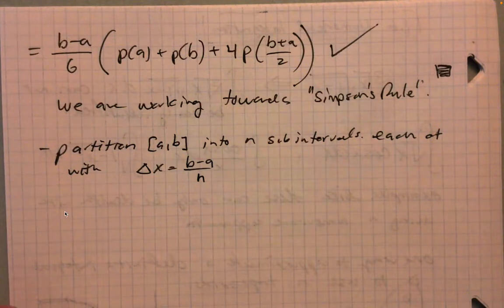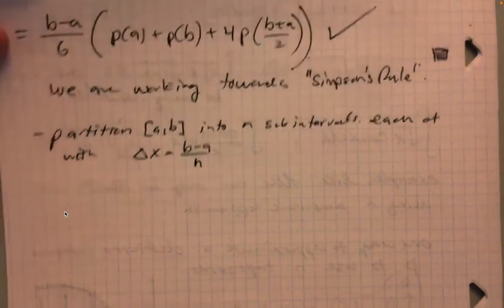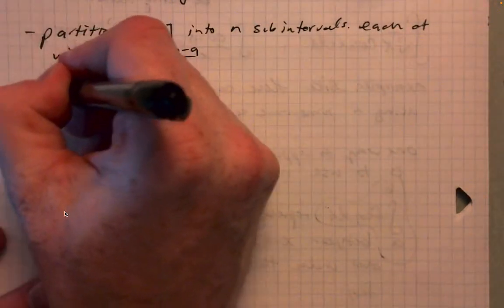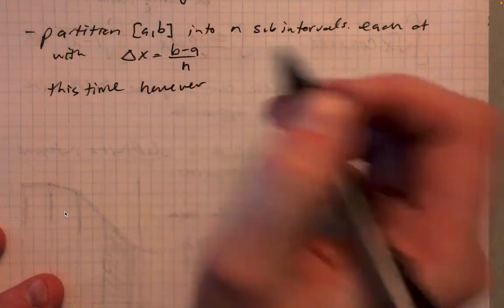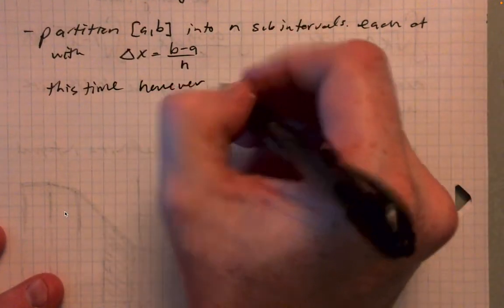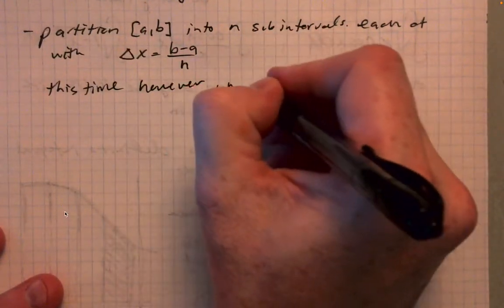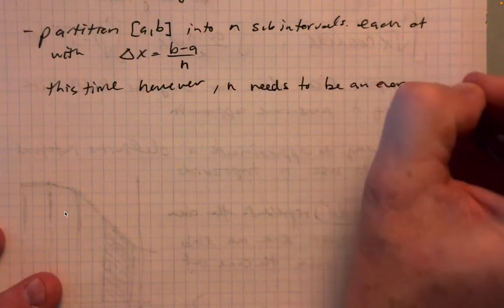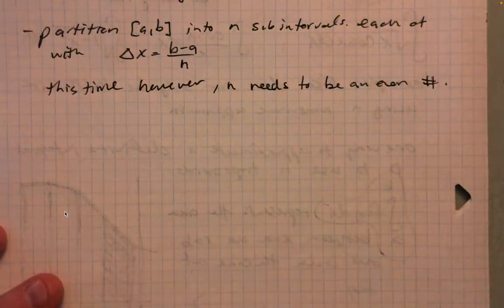Now this time, however, since Simpson's rule is going to require it, n needs to be an even number.